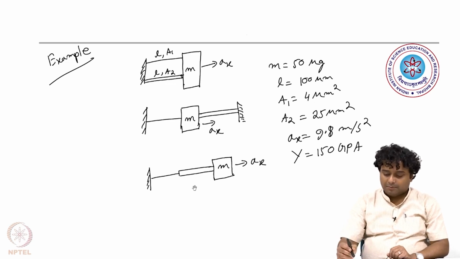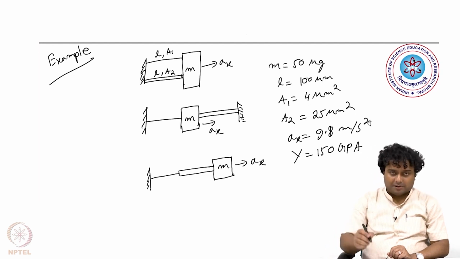Now, let us say M is 50 microgram, L is 100 micrometer, A1 is 4 micrometer square, A2 is 25 micrometer square, the acceleration applied on the mass is 9.8 meter per second square, and the Young's modulus Y or E, whatever you call it, is 150 gigapascal.